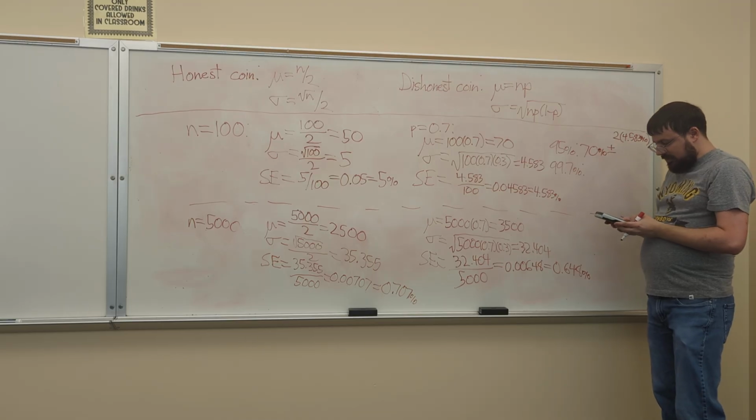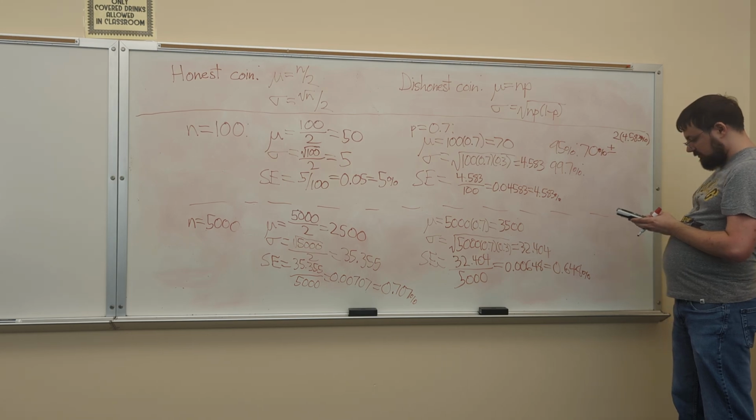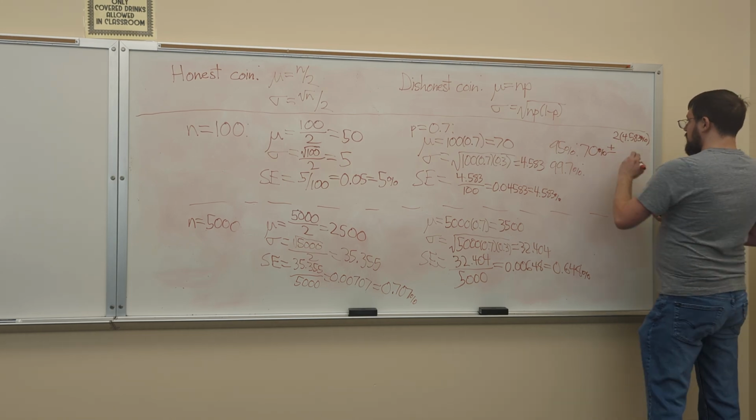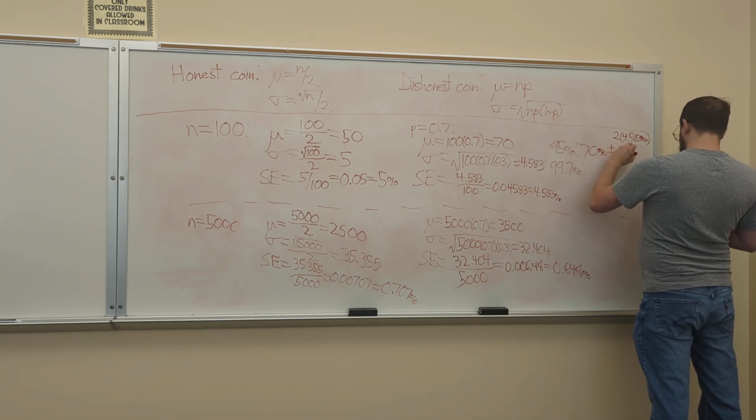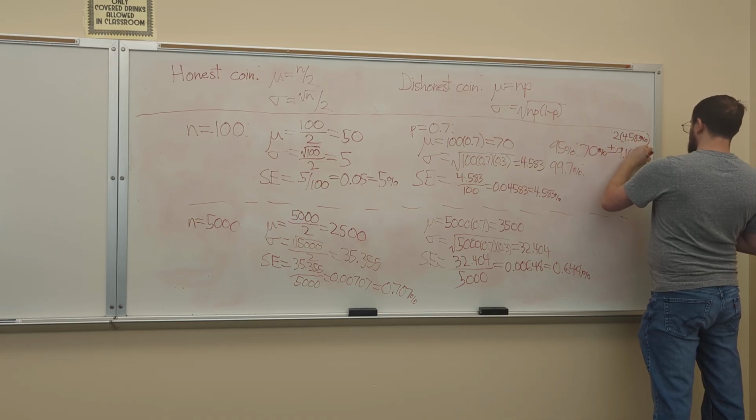So what this would give us is 70% plus or minus 9.165%.